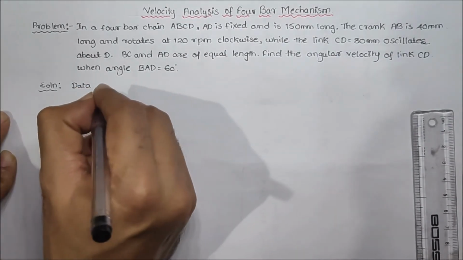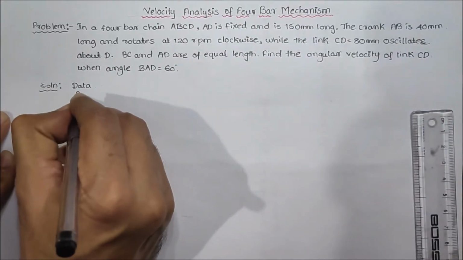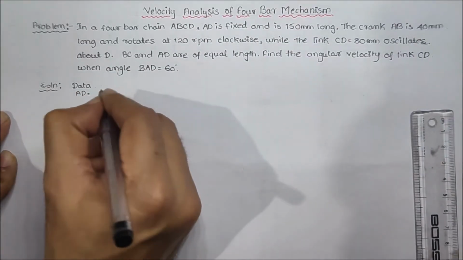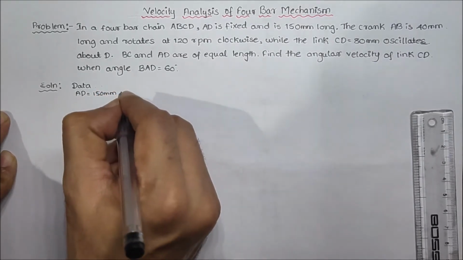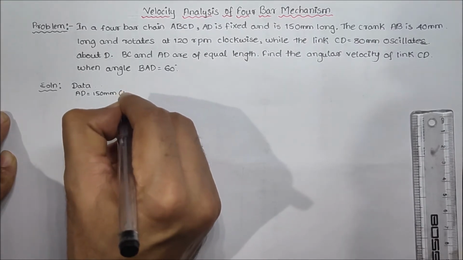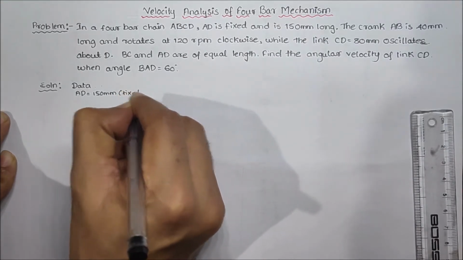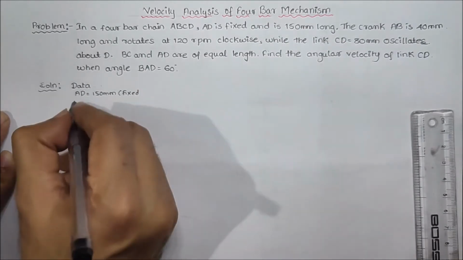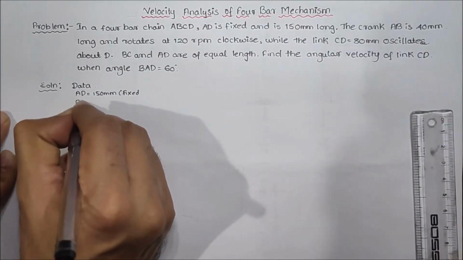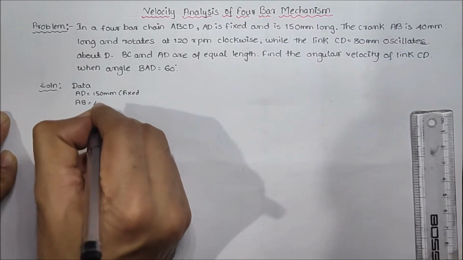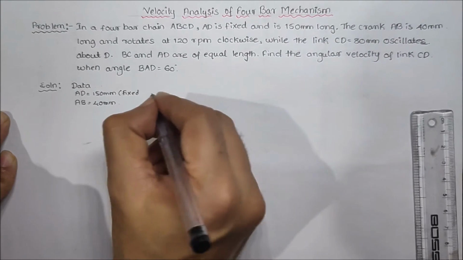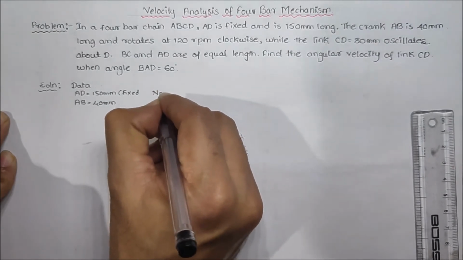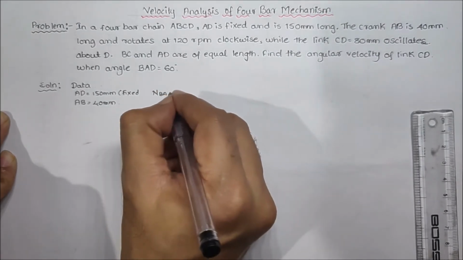Data: AD equal to 150 mm, that is fixed. Similarly AB equal to 40 mm, then speed of this one AB, B with respect to A, like this we are writing.